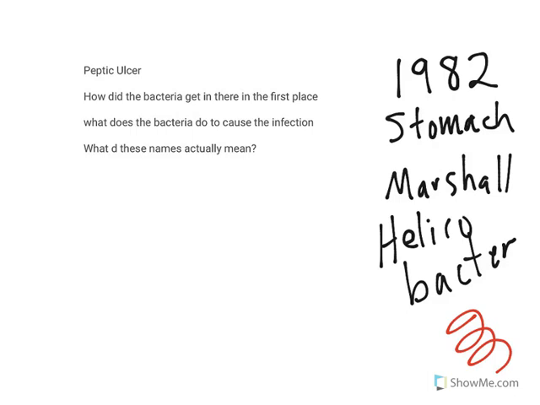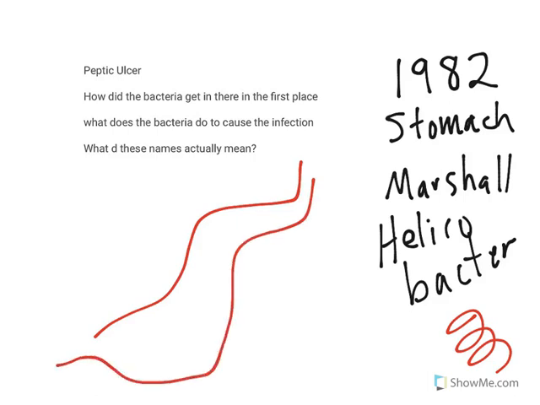And then when the conditions are right, this Helicobacter starts to infect the stomach. If this is your throat going up here, and this is your small intestines right here, it's infecting this place that has a lot of acid in there.